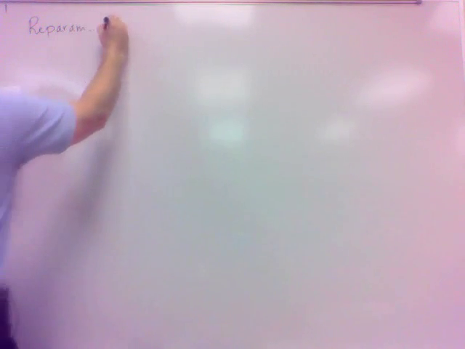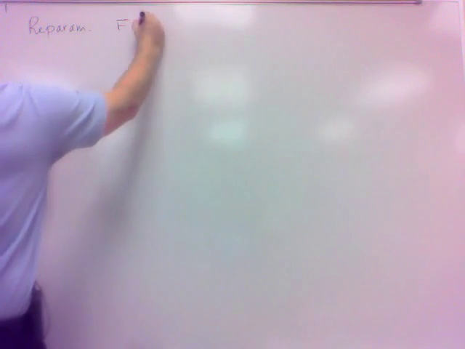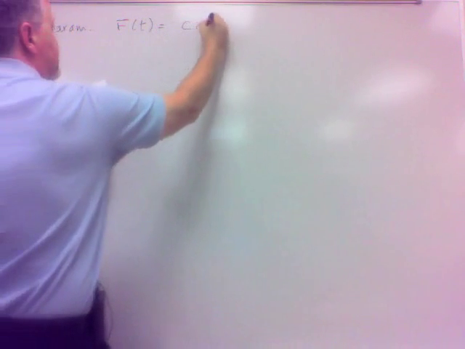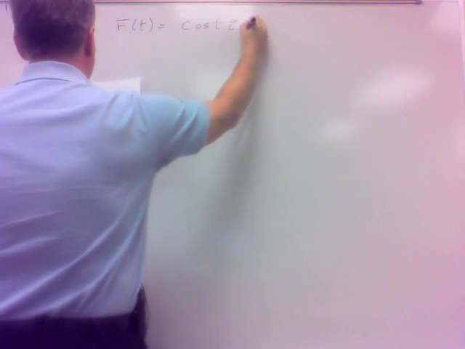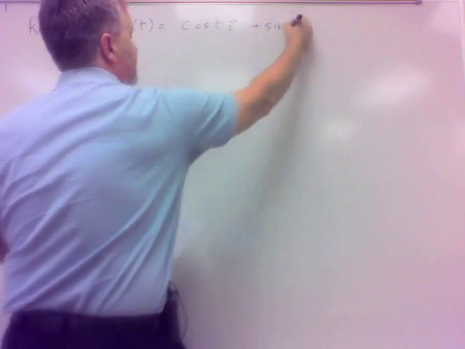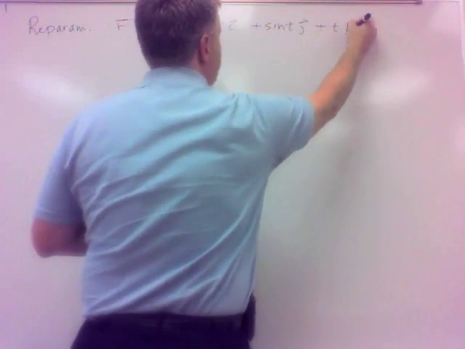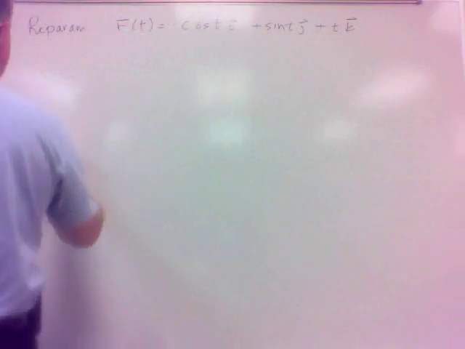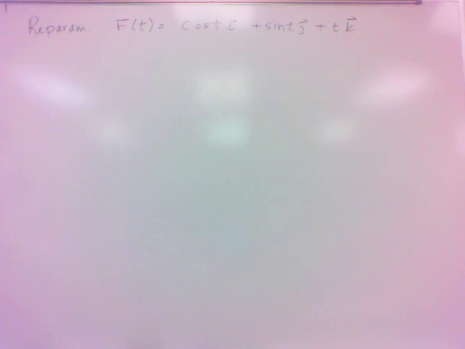All right, so let's reparameterize our helix, cosine t i plus sine t j plus t k. S of t is just going to be a function; it's not going to be a vector.